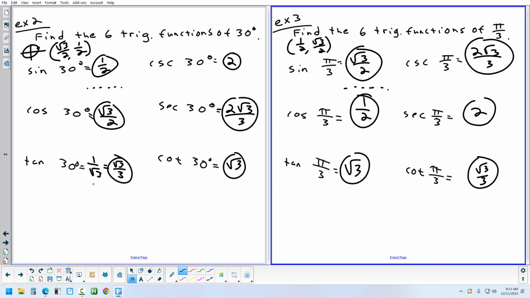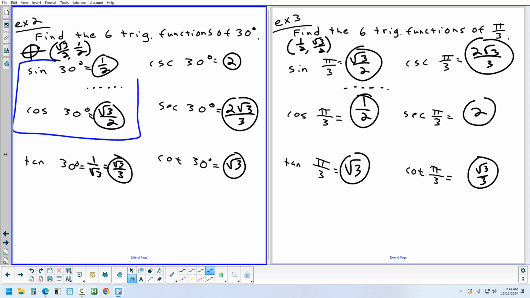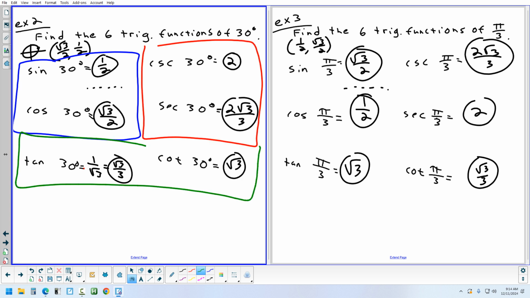If you compare it to 30, you get all the same numbers. They're just in different spots. Look carefully at which ones switched places. These 2 switched. These 2 switched. And those 2 switched. What I just grouped together are called cofunctions. A cofunction is when you take a trig function and you put the word co in front of it.